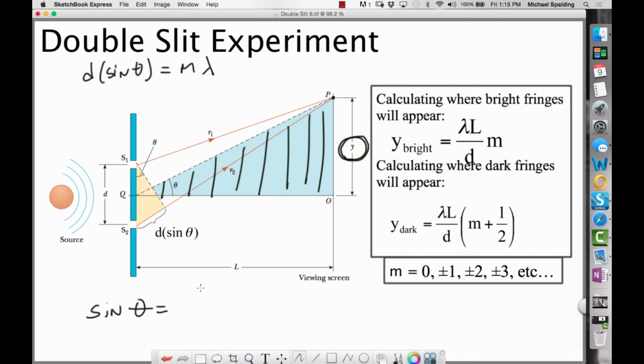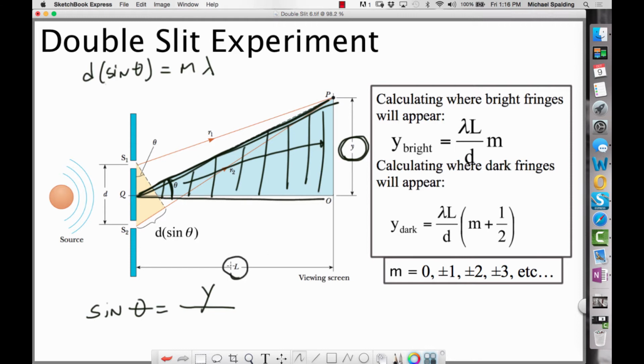So sine theta, what is sine? Looking at this blue triangle, sine is going to be opposite, which is y, over the hypotenuse. Now here's the approximation. If theta is a small angle, this hypotenuse right here is basically going to be L. It's going to be that distance. Here, let me show you.